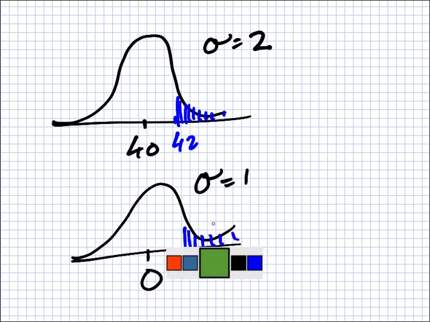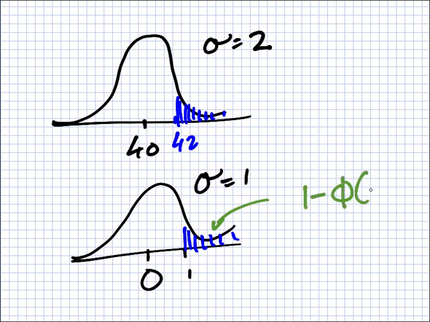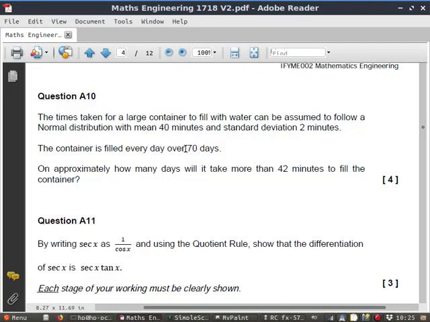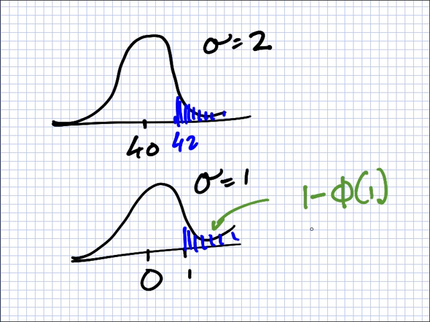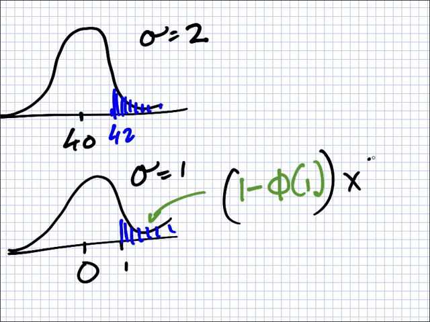So this here is going to be 1 minus the table book value of 1. And this happens how many times in 70 days? For example, if this was 0.1, then that means it happens for 7 days in 70. So to finish, we just need to take this number and multiply it by 70.